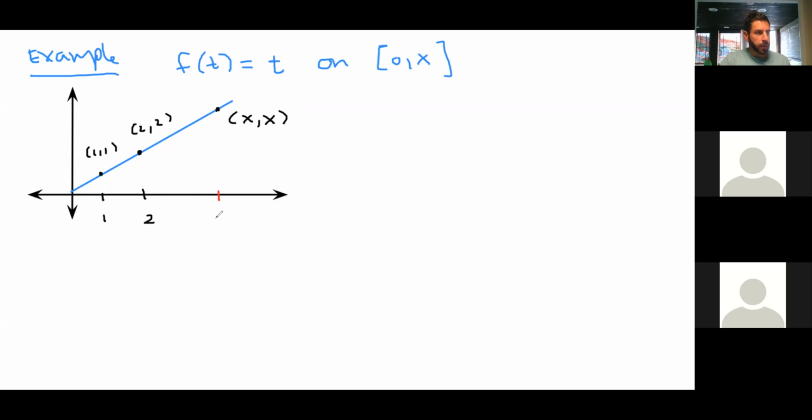So this input is x. And so now this graph, if we think about what we have, is we have the following. We have a triangle.